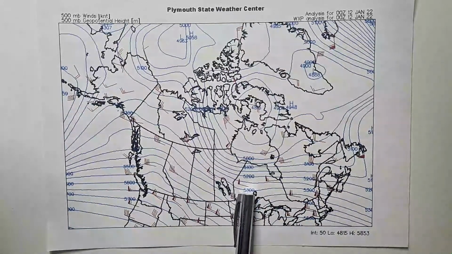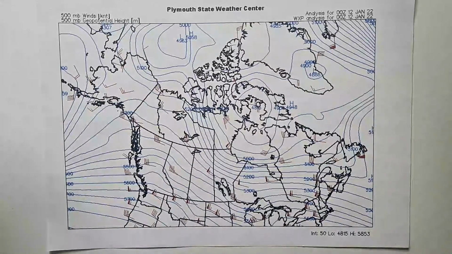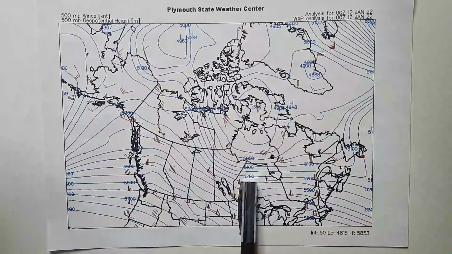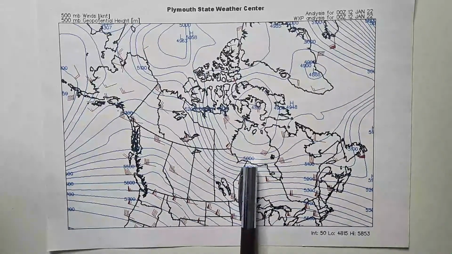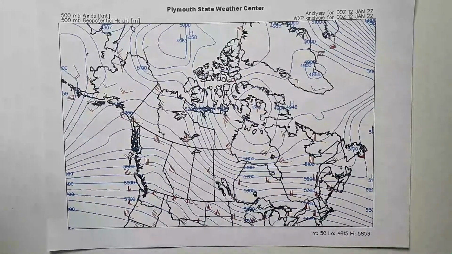High values of geopotential mean high pressure underneath, and we said in the Northern Hemisphere, geostrophic wind blows in a way that high pressure is to the right and low pressure is to the left of the wind. And notice here that 5300 is to the right of these two wind vectors, wind barbs, and 5200 is to the left with respect to the direction of these winds.